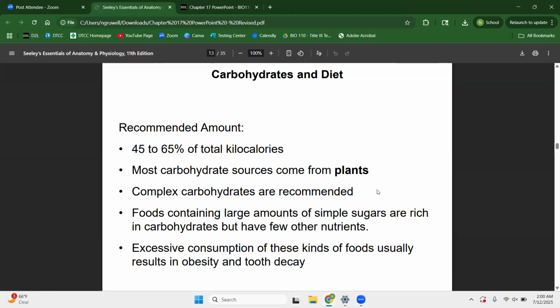So in general, our complex carbs are going to come from plants, and then foods with large amounts of simple sugars have a ton of carbs, but they have very few other nutrients. So it's going to bring a lot of calories in and take up a lot of our carb percentage without providing us much extra. And that's a big reason, especially with our obesity crisis, that they really push avoiding those simple carbs and wanting to stick with the complex.